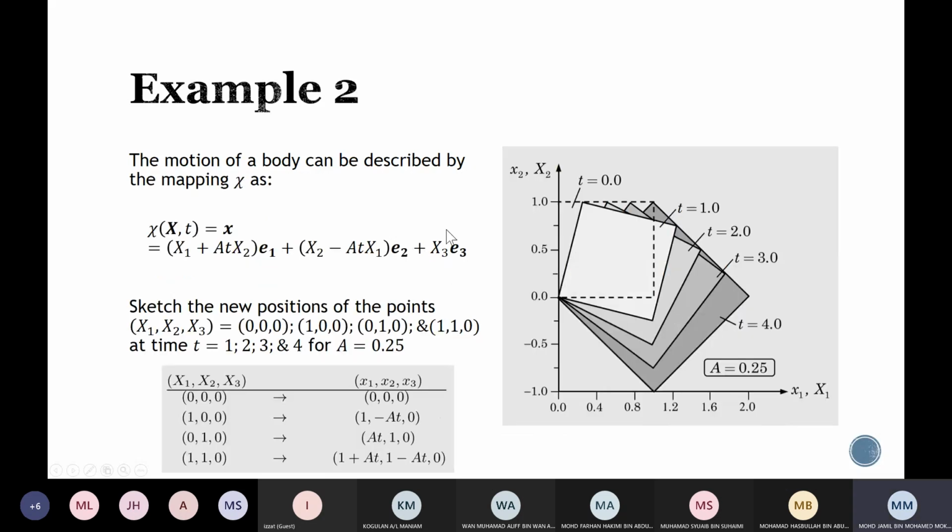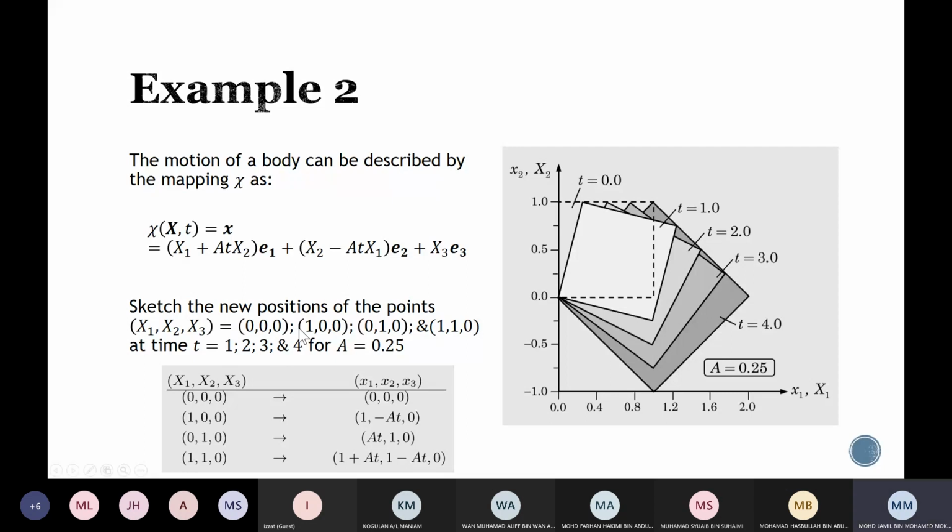Now let's go into a more complicated example. For the same mapping, you are asked to sketch the new positions of the same points at different times, at 4 different time points.